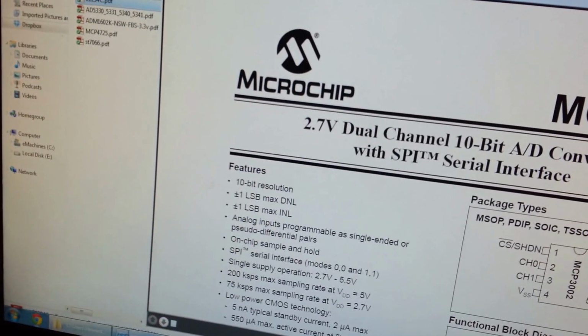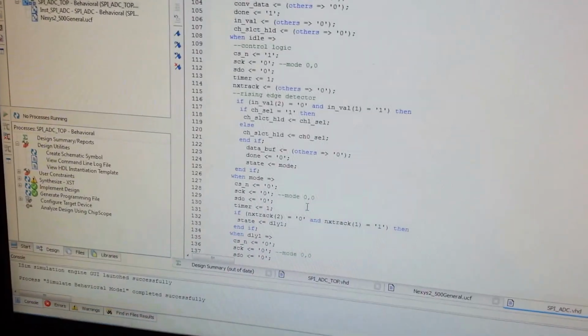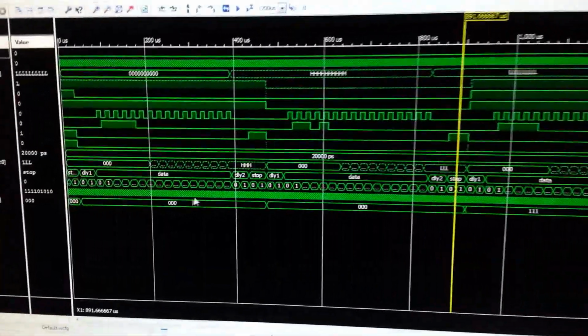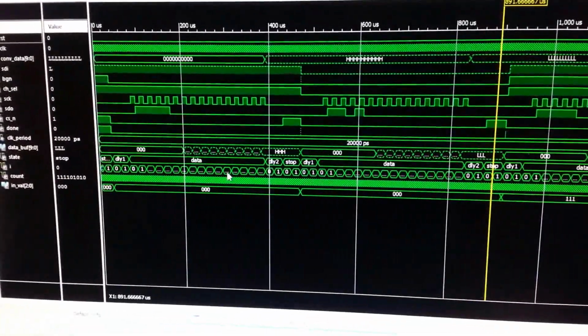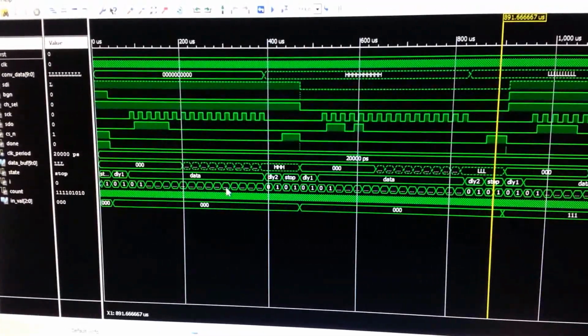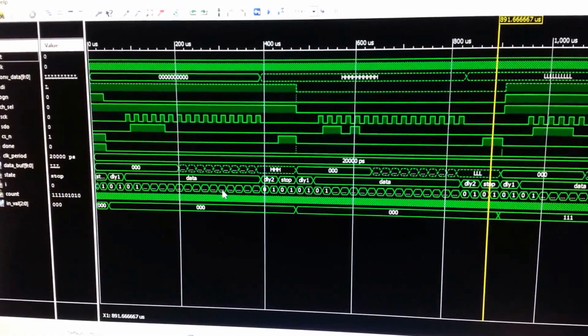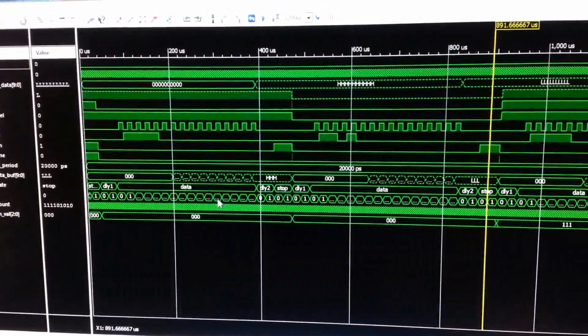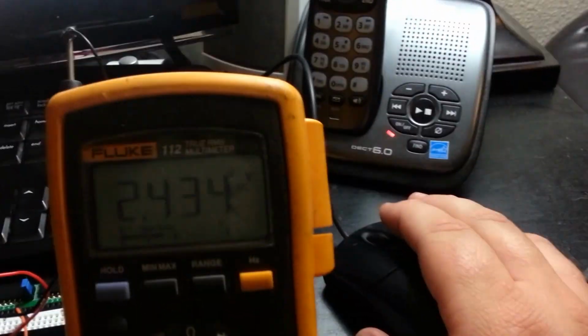Okay, so what I thought we could do here for a quick demonstration is I'm going to show you reading out the values of the 10-bit value conversion, and we should be able to calculate that to 2.4 volts right now as it's standing.